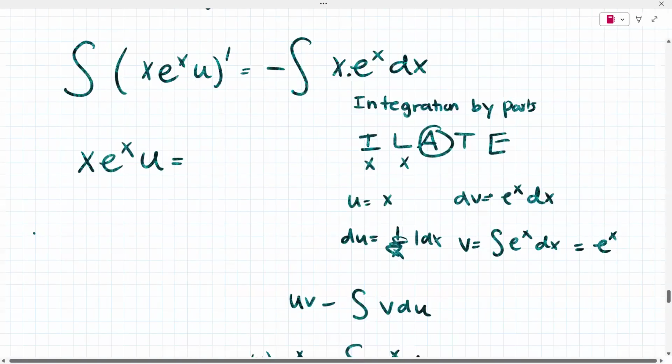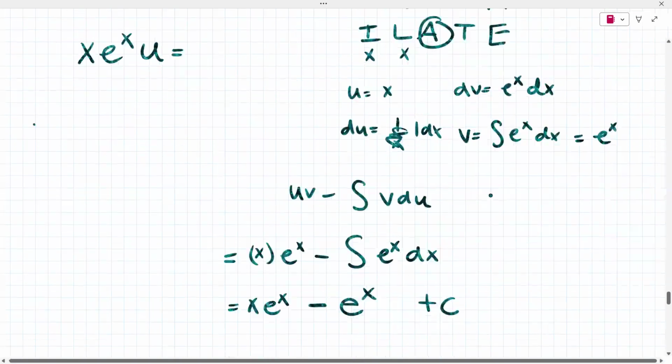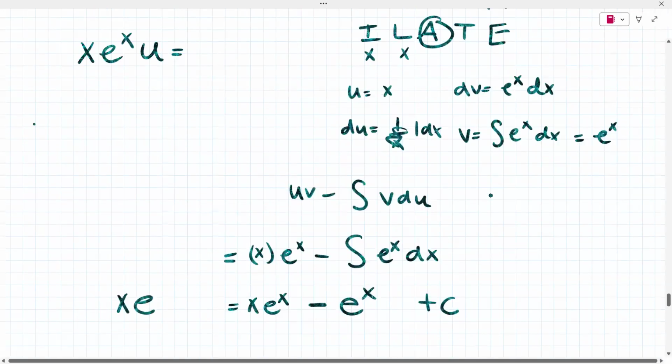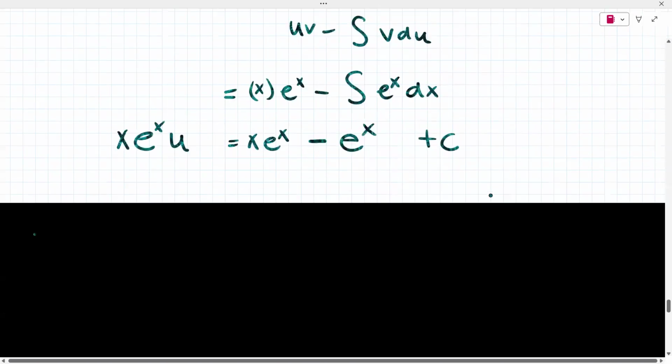And then on the left, it's easy. It's just x e^x u. Okay. Then what you want to do is solve for u. So you're going to divide everything by x e^x.